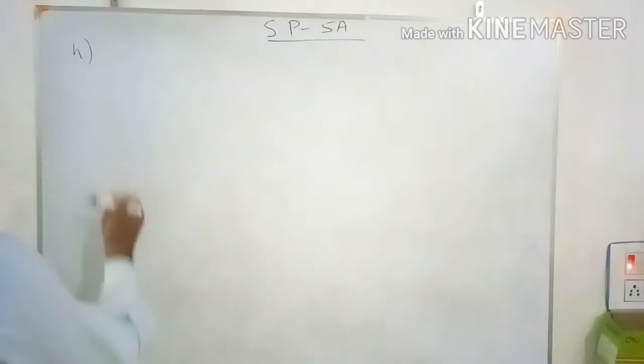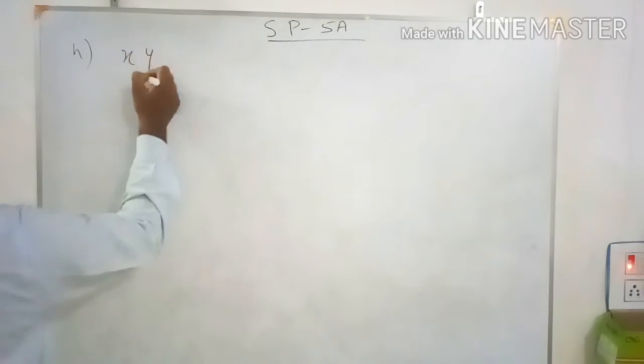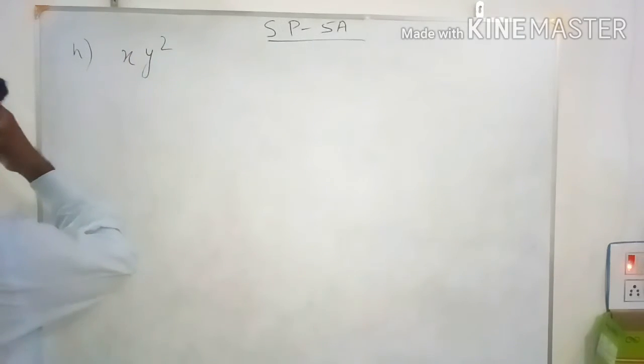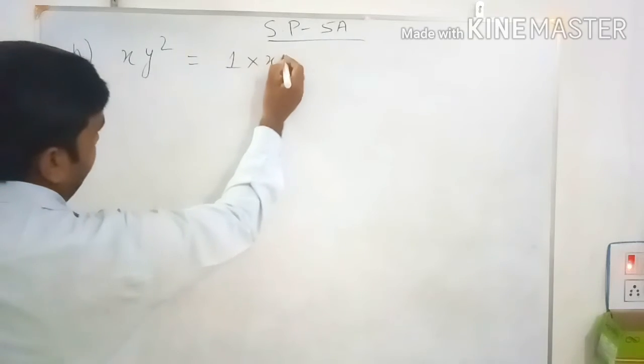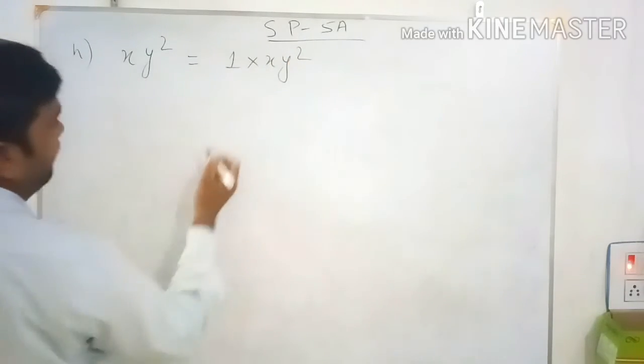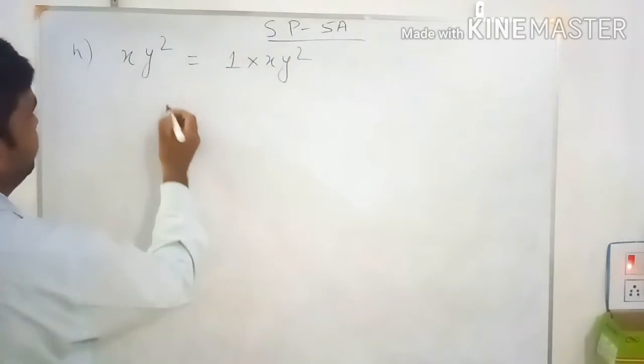Now the question is xy square. So xy square can also be written as 1 into xy square. So this 1 is the numerical coefficient.